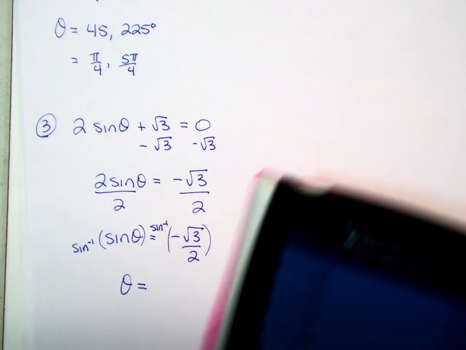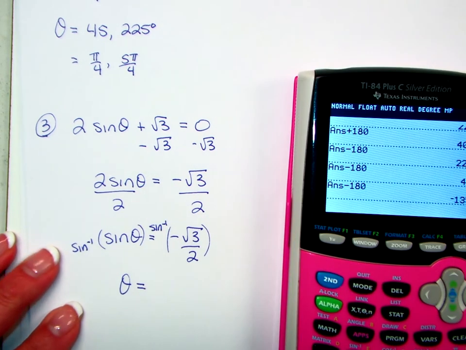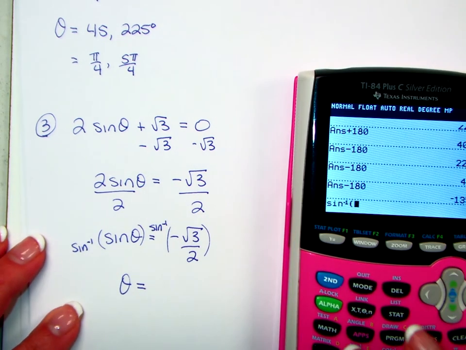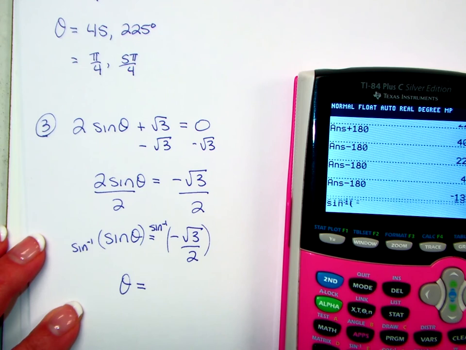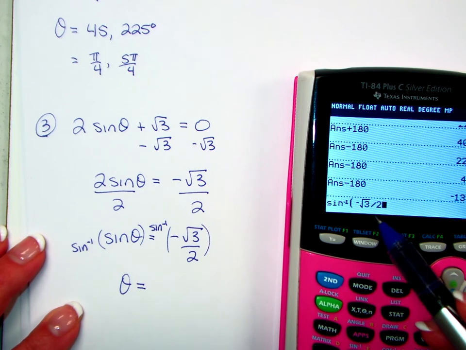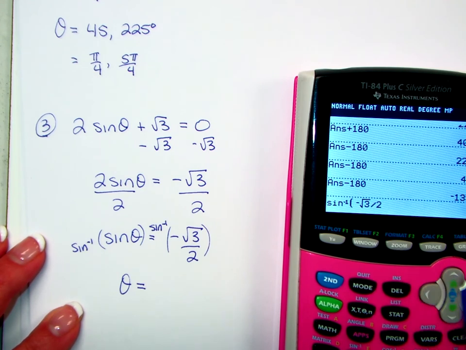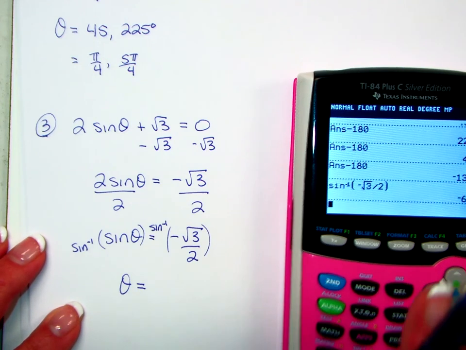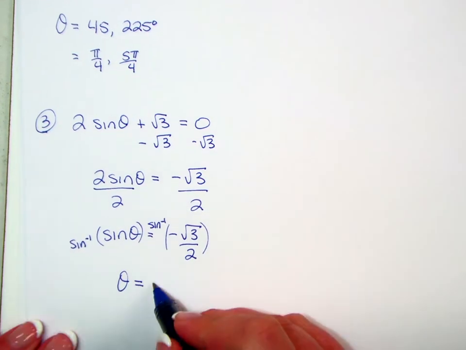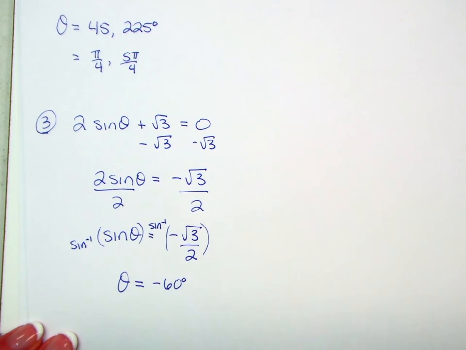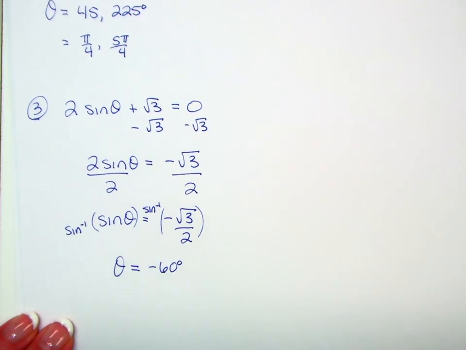Sine inverse negative rad 3 over 2. Make sure your division is not underneath your square root symbol there. All right, so we're going to get negative 60. That shouldn't shock you, that negative 60 angle.